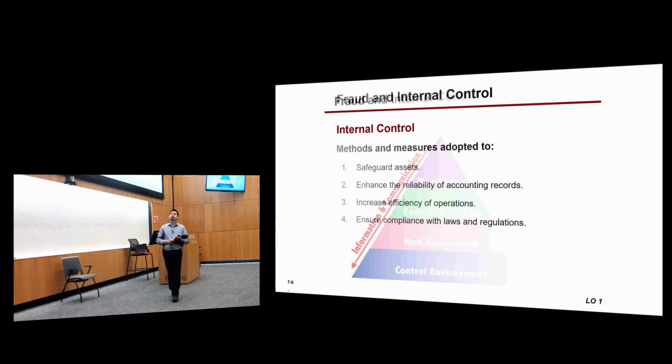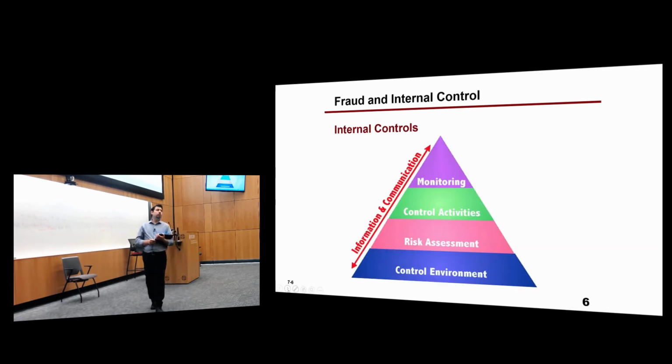Those are the 5 components of internal control systems. The first one is the control environment. This is sometimes called the tone at the top. This is what the company explains to their employees, what they mean, what their policies are, etc. Okay?